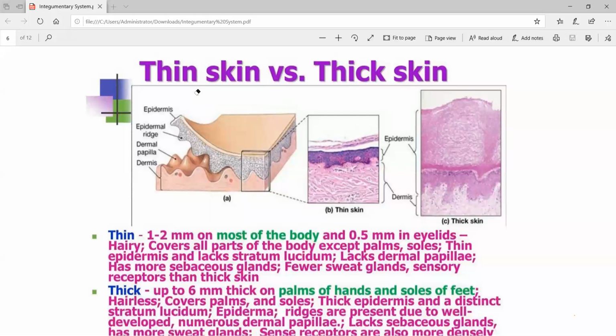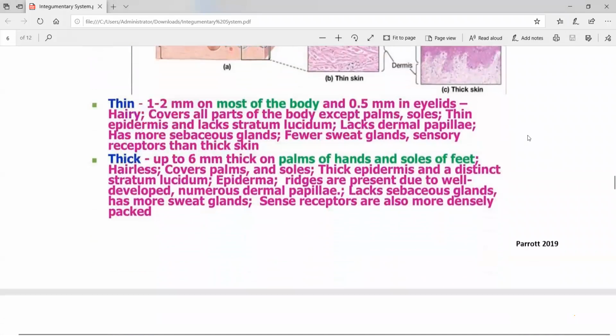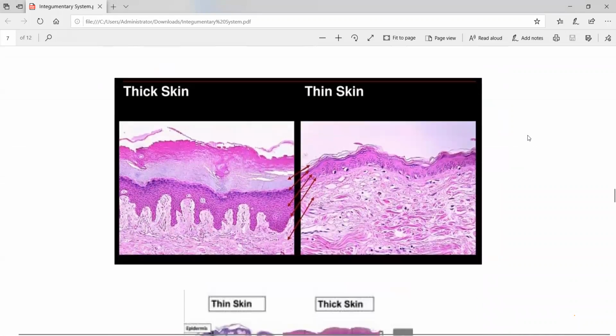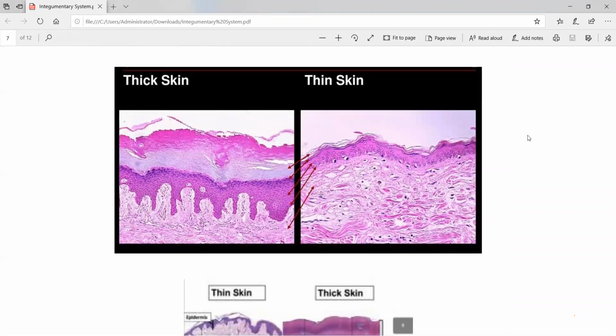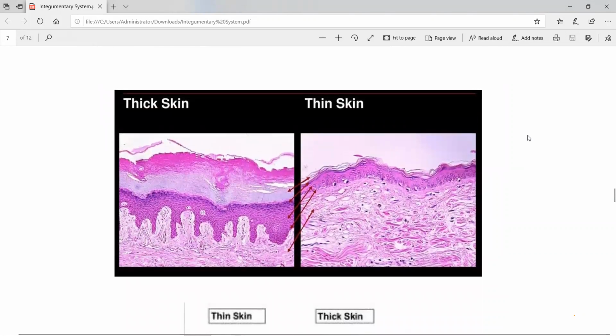Okay, so let me erase again my scribbles, and let's go to the next image. Okay, here again, you will see thick skin and thin skin. You do have to be able to recognize the difference. So if I ask you what type of skin this is, what I'm looking for is, is it thick skin or thin skin?